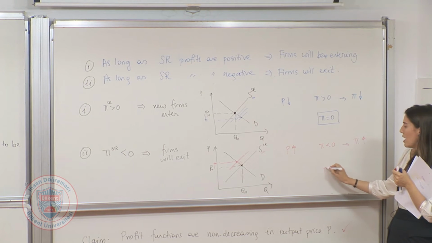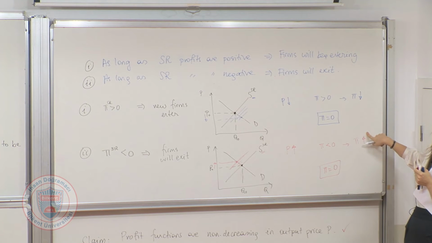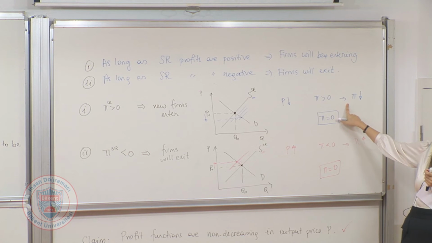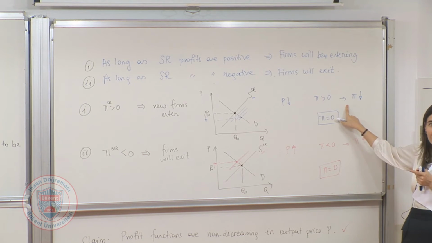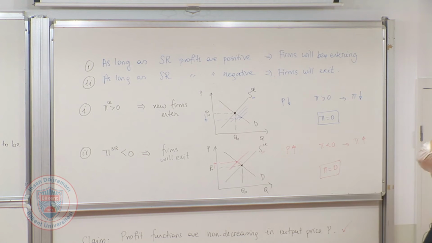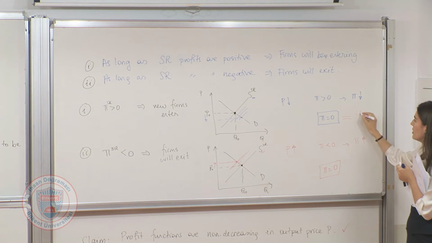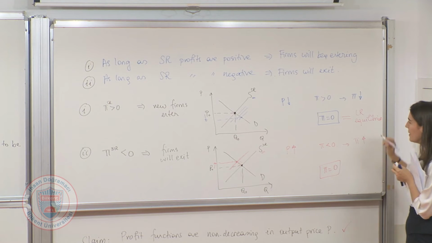When profits are zero. Because if they keep increasing too much, suppose too many firms exit, then we're going to be in this situation, right? So then profits will start being positive, then new firms will enter, and then profits will fall. So you see, that's why this will be the condition for the long run equilibrium, okay?